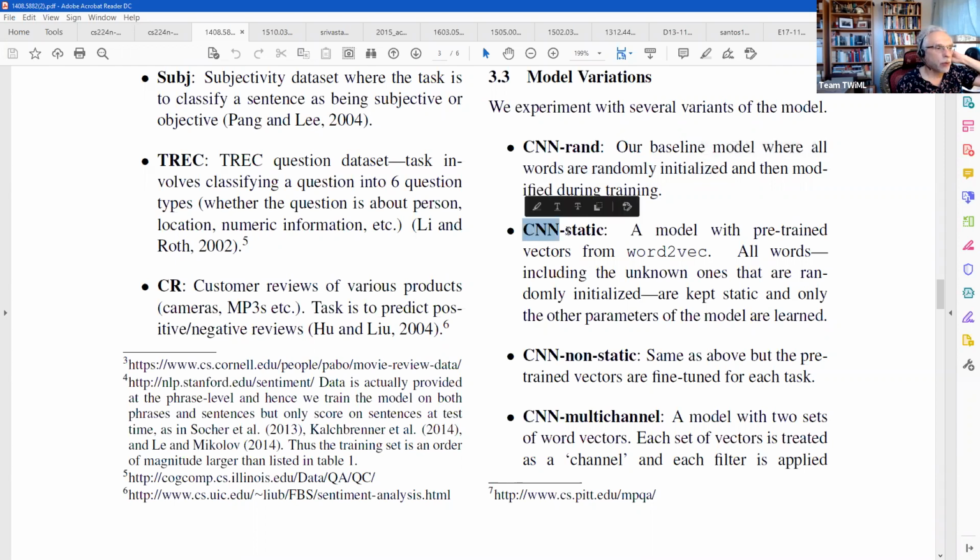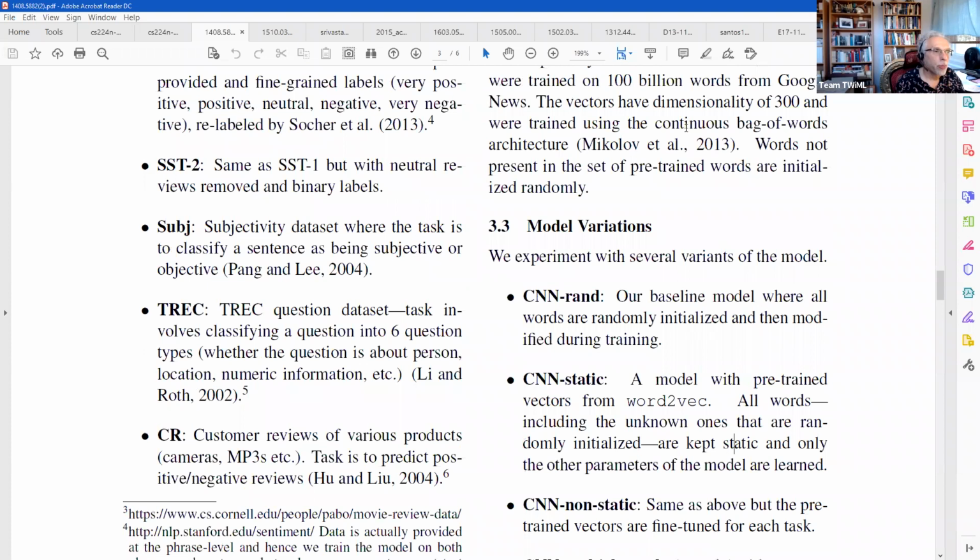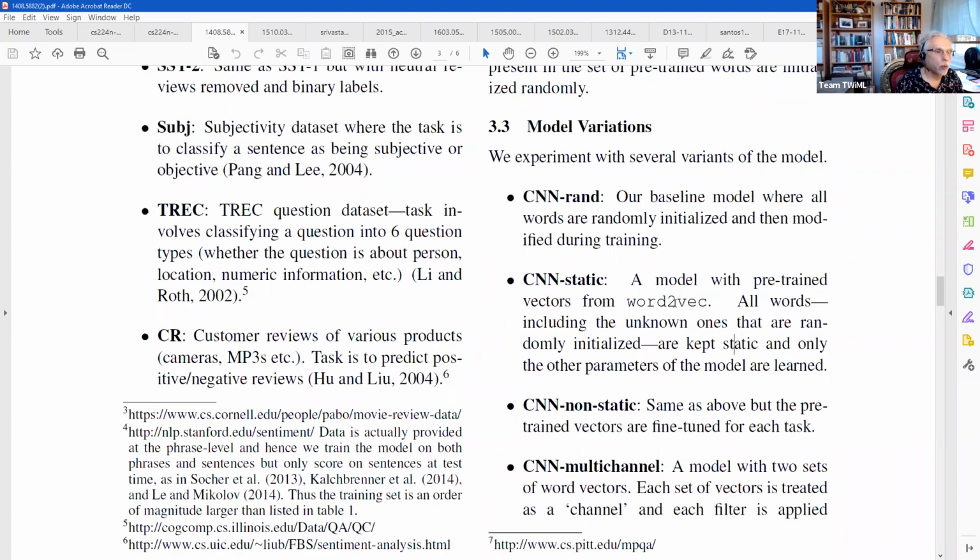CNN-static is the one we talked about, where you use pre-trained word vectors from word2vec. All words, including the unknown ones, are kept static, and only the other parameters of the model are learned. So this is where the sentence from before applies, when he says words that are not in the model.